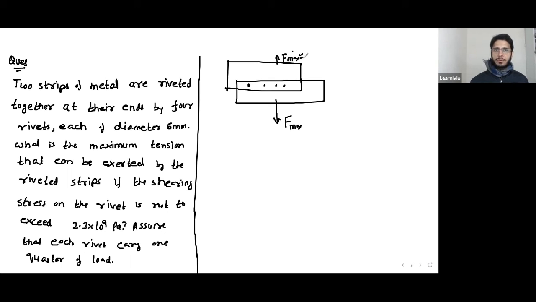So let's say the maximum force is F max. If I'm applying a force F max here, this force is being balanced by 4 rivets. In the question, it is given that each rivet carries 1/4 of the load. That means if I'm applying F max force on the plates, then force on each of the individual rivet is F max by 4.